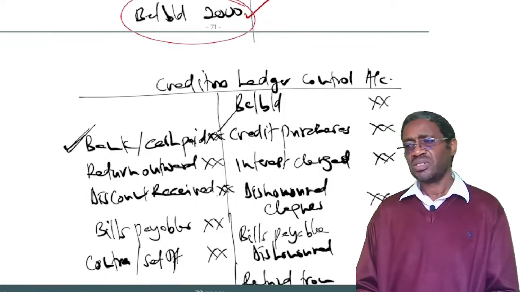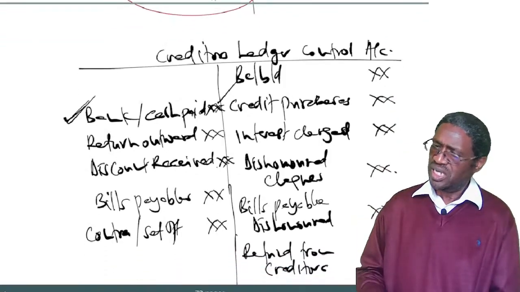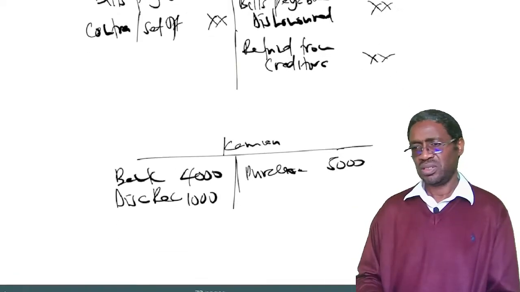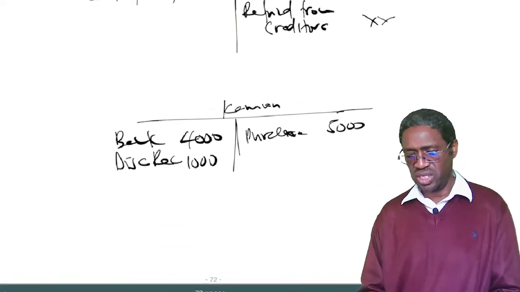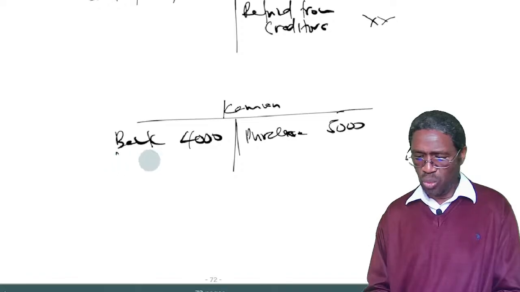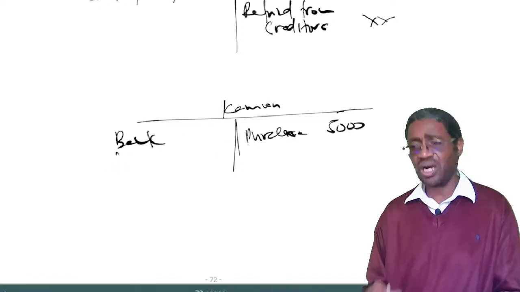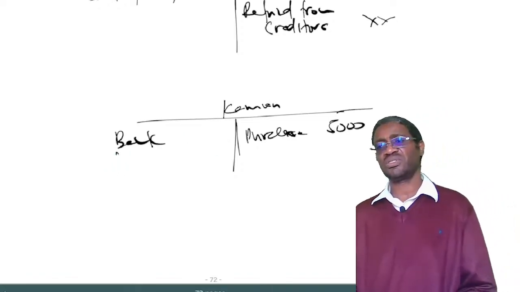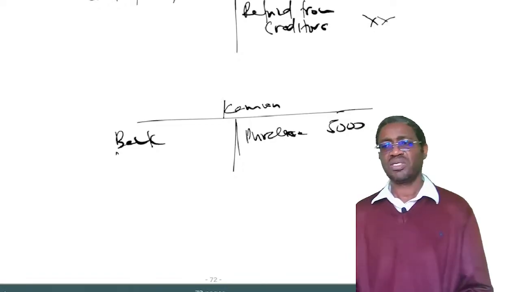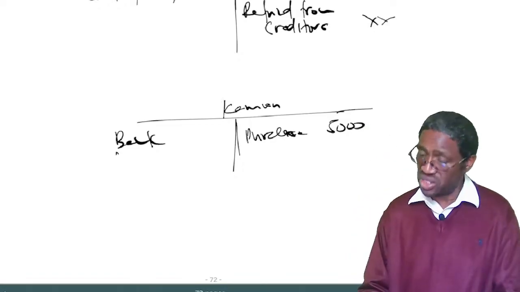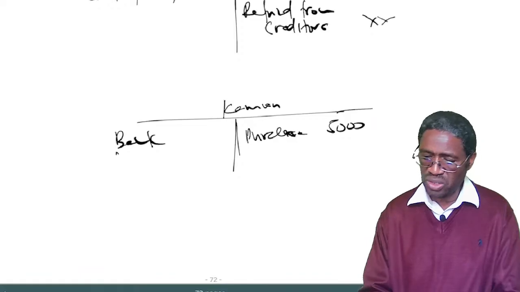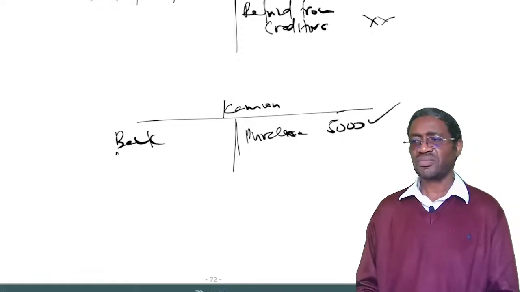Now, again, it may happen. Let me change this. You purchase goods from your creditor called Kamau for 5,000, and you debited purchases and you credited Kamau by 5,000.